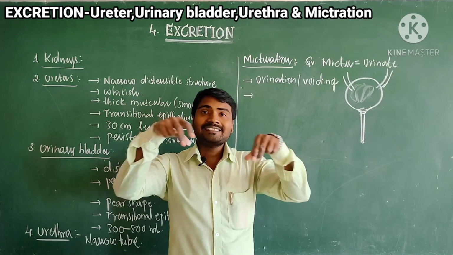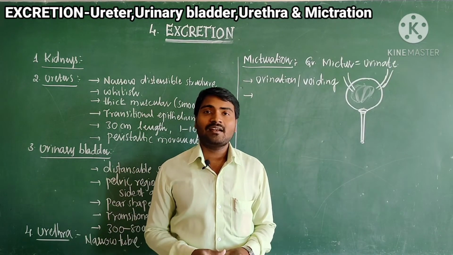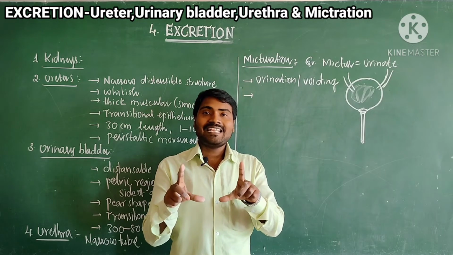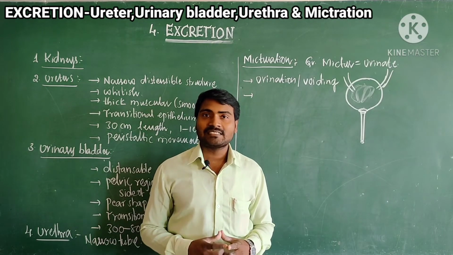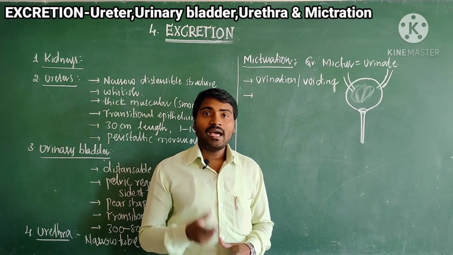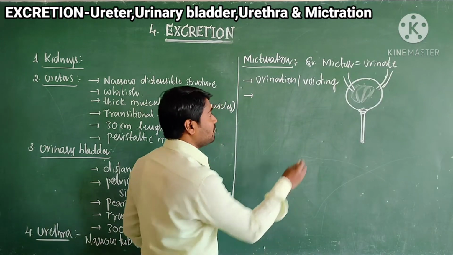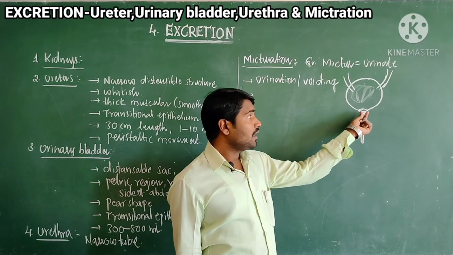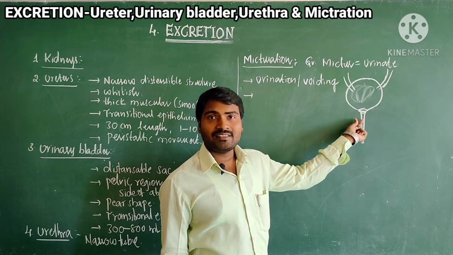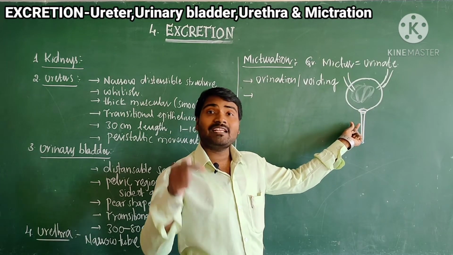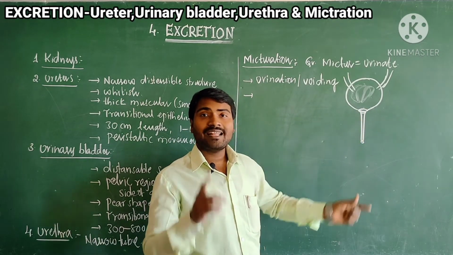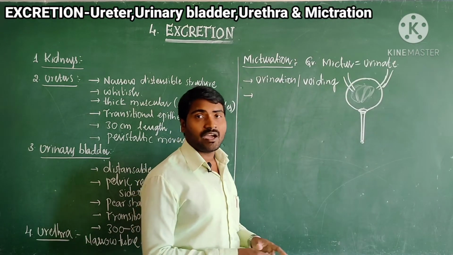When the urine is collecting in the bladder, what happens? It will distend. The bladder is going to relax. It is going to store the urine. And at the lower surface of the bladder, at the opening of the urethra, where the bladder opens into the urethra, there are two sphincters, as we have discussed.